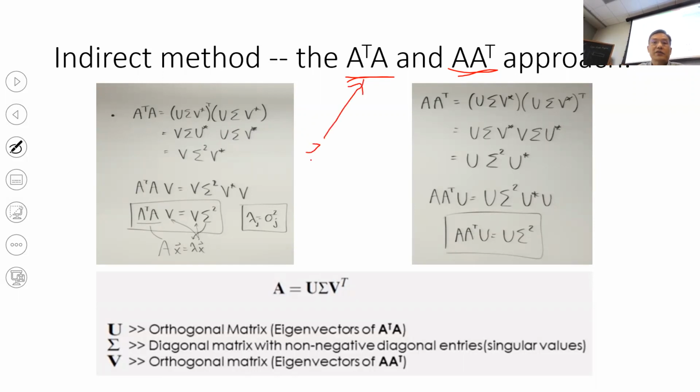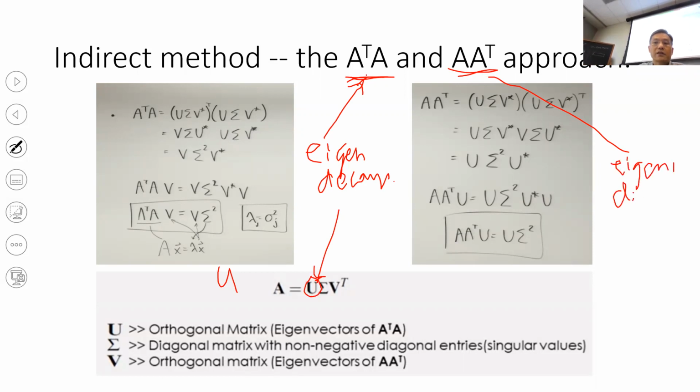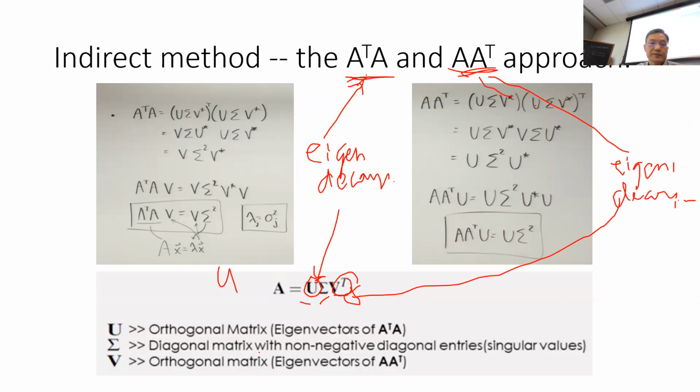The Eigen decomposition of this matrix helps you get U, and the Eigen decomposition of this matrix helps you get V. So you have U and V, and the sigma you can compute afterwards.